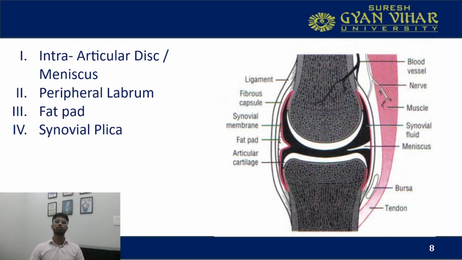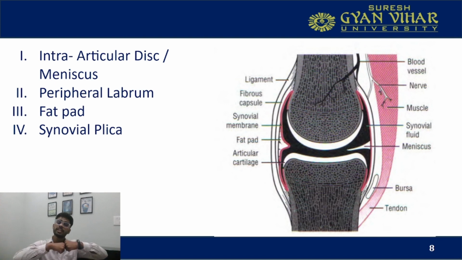Then there is a synovial plica. This is the extra fold of the synovial membrane present at the joint. So what is the function of this synovial plica? Whenever you do the movement and there is separation of the articular surfaces, then the synovial membrane gets stretched.